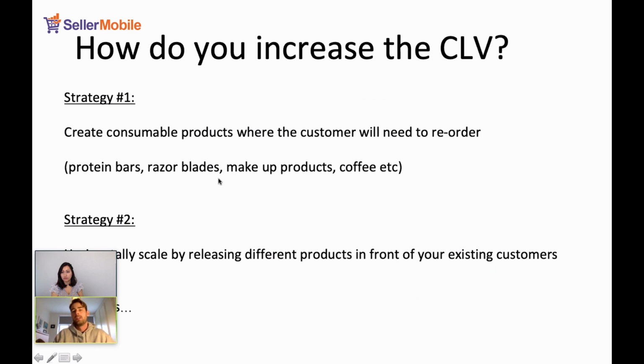So protein bars, razor blades, makeup products, coffee, etc. If you know that they've got a lifespan of say 30 days, and you're getting repeat orders on Amazon from the same customers over and over again, or they set up Subscribe and Save, then you can really track how many months or how many orders they're making.